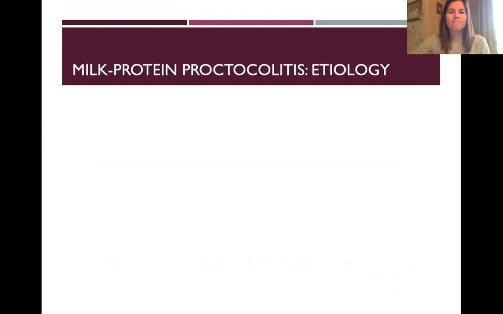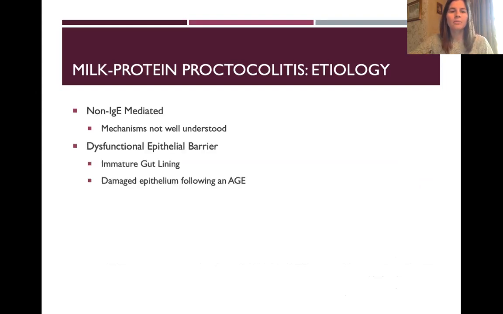So in terms of the underlying etiology, in general, for those non-IgE mediated diseases, the mechanism is not entirely well understood. However, for milk protein proctocolitis, there are several hypotheses and theories. Largely, they relate to a dysfunctional epithelial barrier and lining of the GI tract.